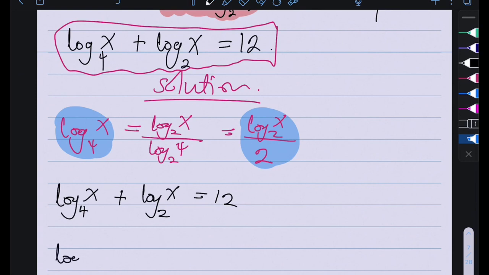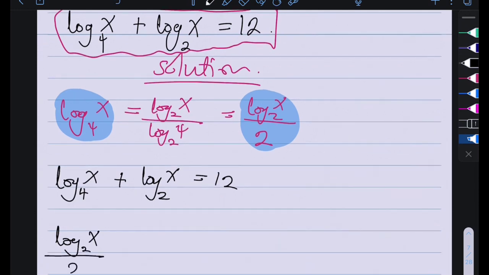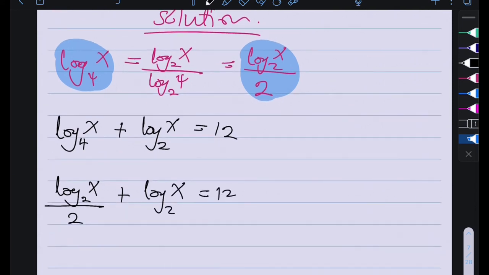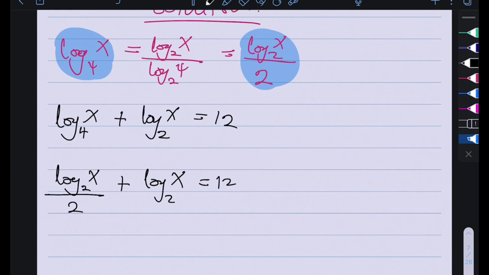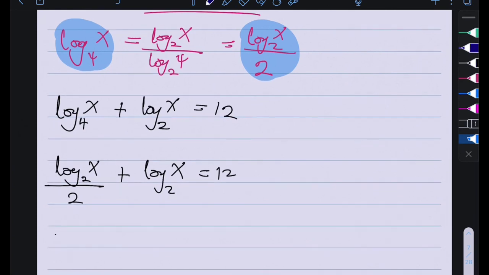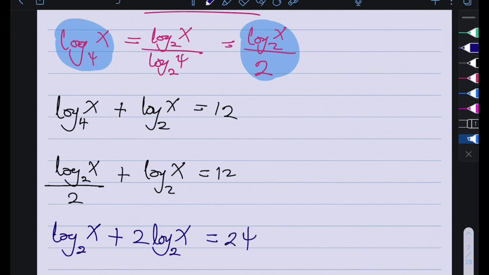That is log x base 2 over 2 plus log x base 2 is equal to 12. I can just decide to multiply through by 2, and that will give me log x base 2 plus 2 log x base 2 is equal to 24, right?